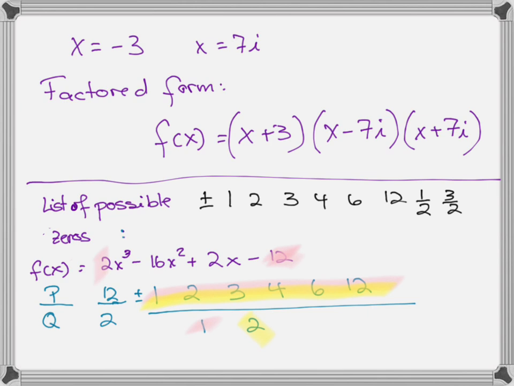We already have that in our list. 6/2 is 3. We have that in our list. And 12/2 is 6. We already have that as well. So this is our list of possible zeros. And we're just making a list, guys. We're not finding them.